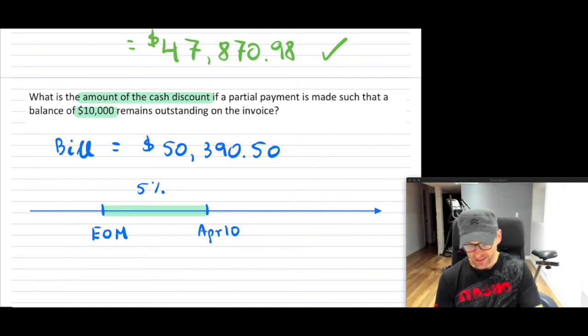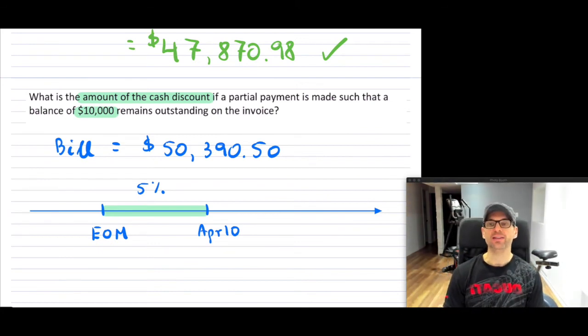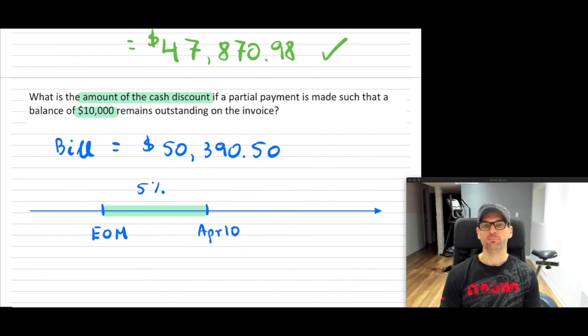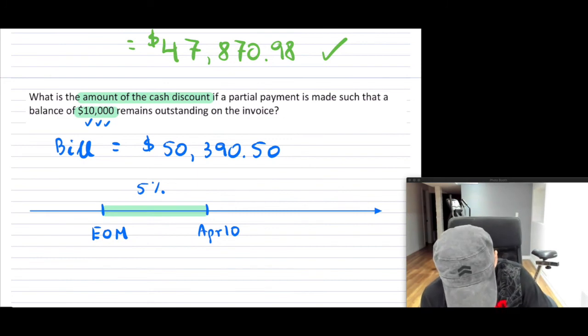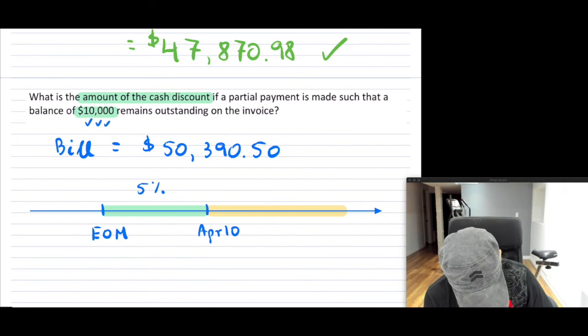What they're saying is that you didn't pay the entire bill within your discount period, but you had a balance remaining. You had a balance of $10,000. So that means that after the discount period has ended, you still had to pay $10,000 of the bill.